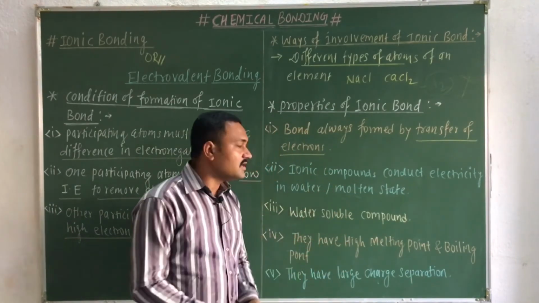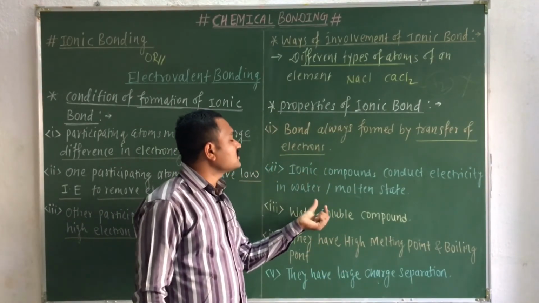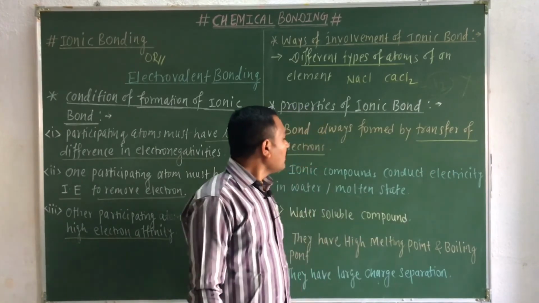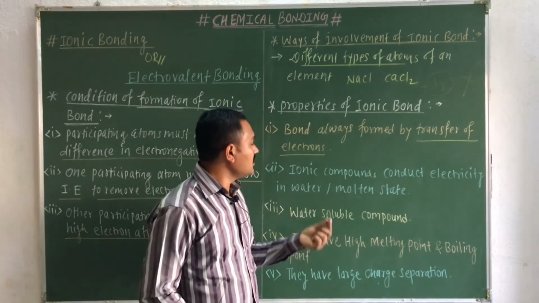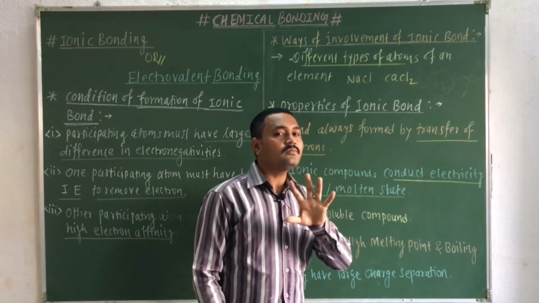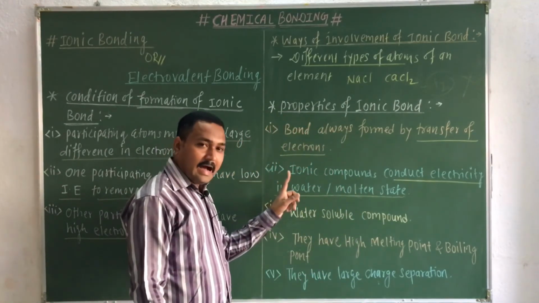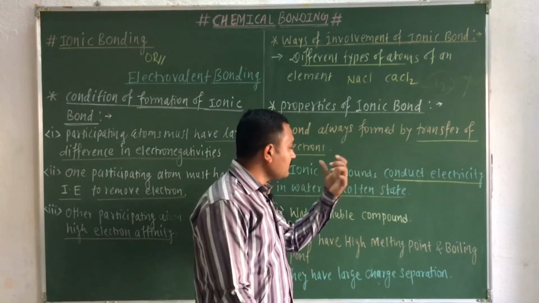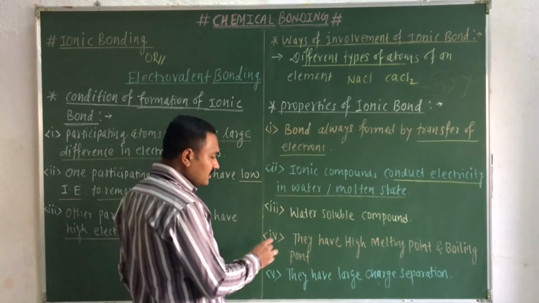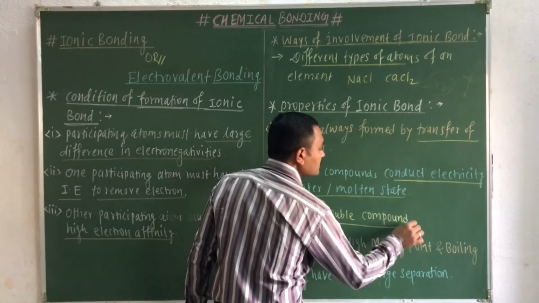Obviously, ionic compounds conduct electricity in water or in the molten state. This is another important property of ionic compounds, or in short, of the ionic bond. Next, generally ionic compounds are water soluble.